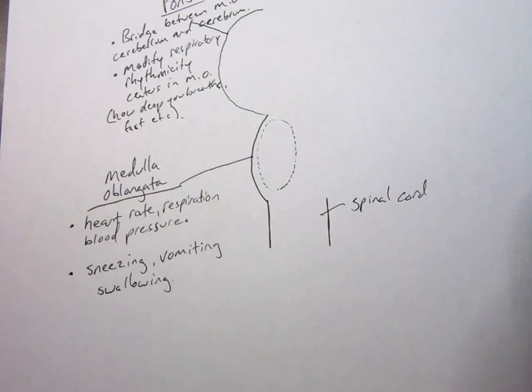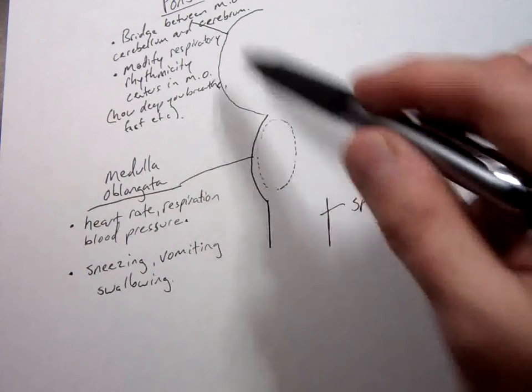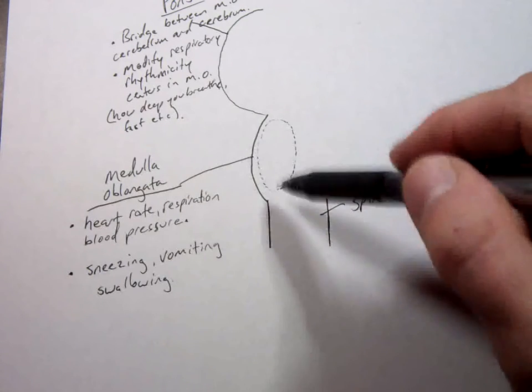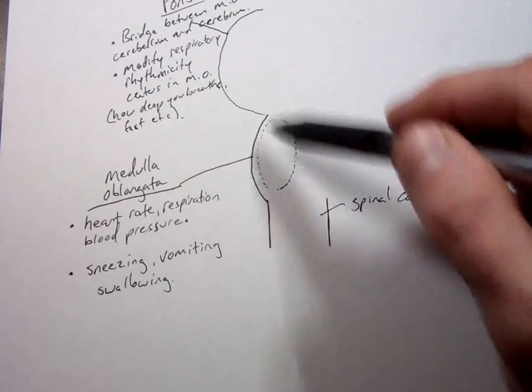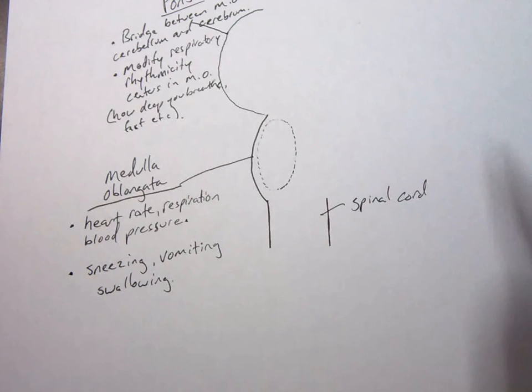Everything that's getting moved or sensed from your neck up involves those cranial nerves. And most of the nuclei, or the nucleus and soma of those cranial nerves, will originate here and here in the pons and the medulla oblongata. There's a few exceptions to that, but most of them are there.